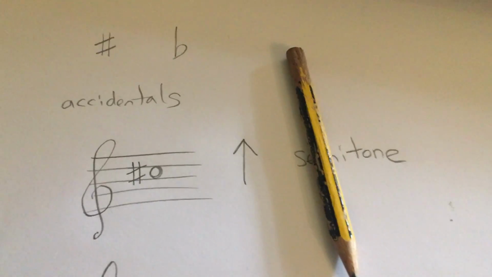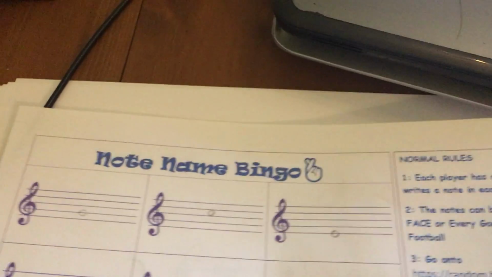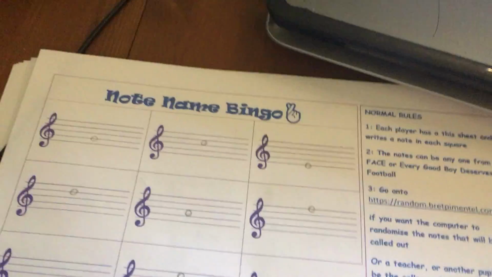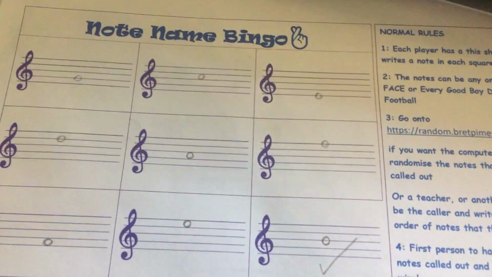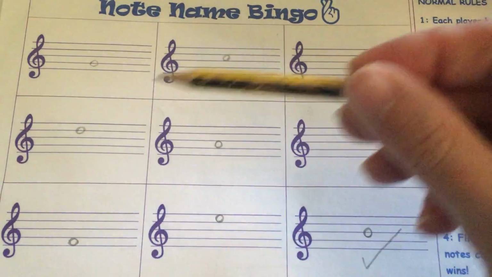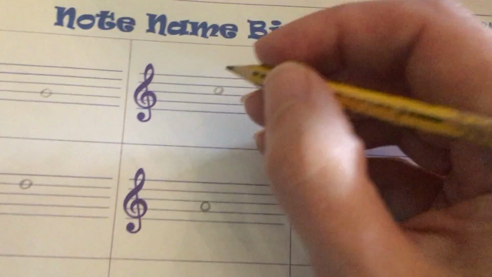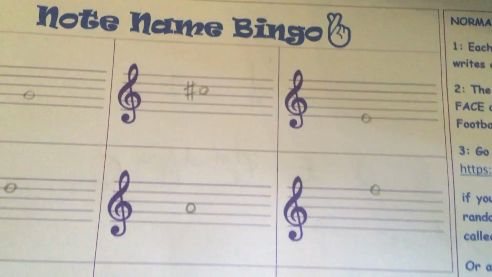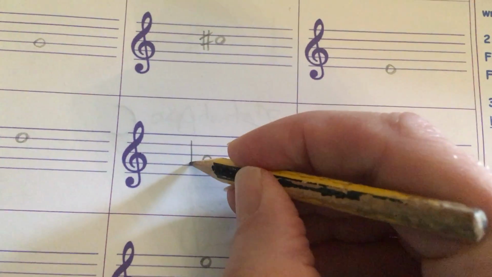Okay, so the other way that you can use these accidentals is to make your note name bingo game a bit more fun. If you haven't watched the video on note name bingo, I'm going to put a link in the description. So, instead of just having normal letter names now, you can switch it up and you can choose to have a sharp when you're writing your notes or a flat.